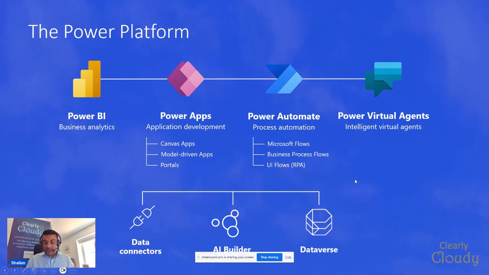Power Automate is that business process engine for creating processes, known as flows, and the virtual agents to help with things like chatbots. Connectors we've seen, AI Builder we've mentioned, and Dataverse we've seen. So this at the moment is overall an overview of the Power Platform. So with that, thank you very much.